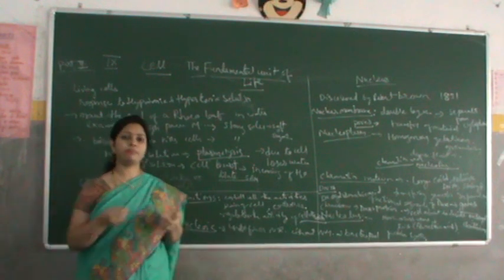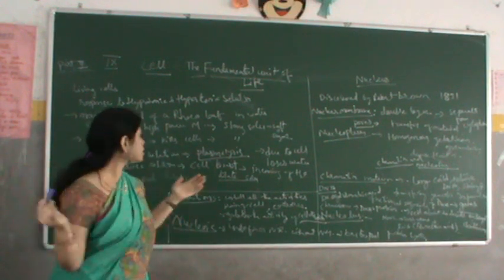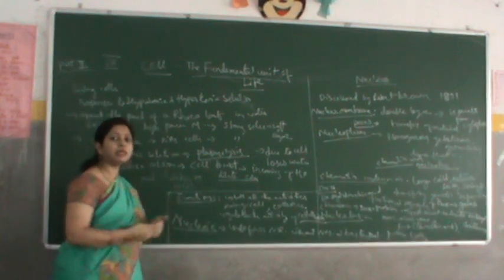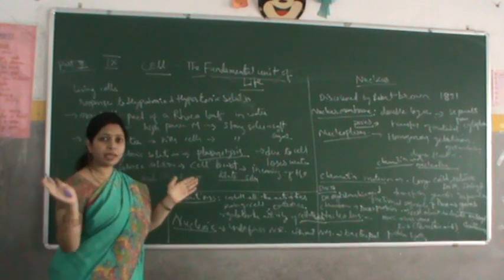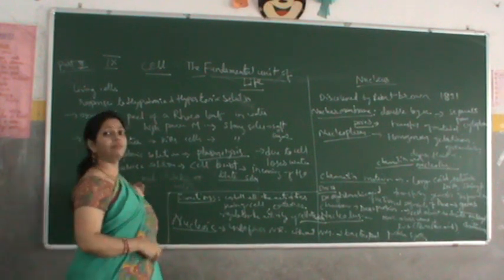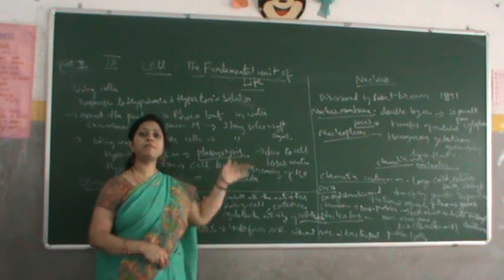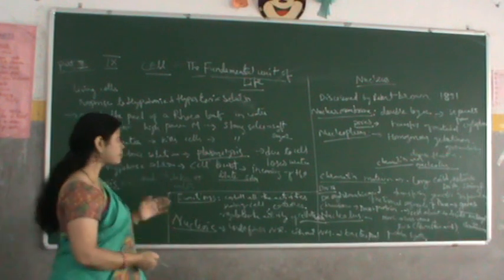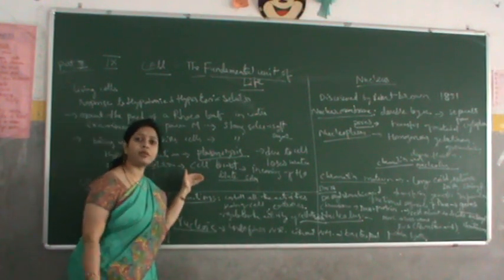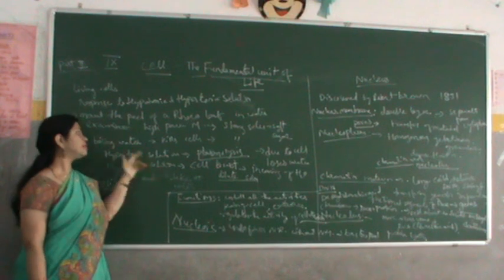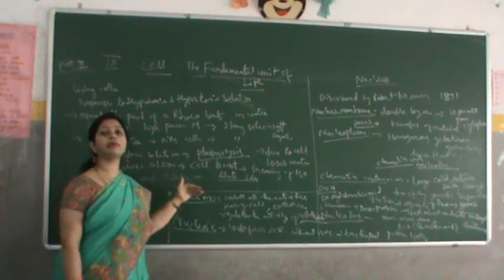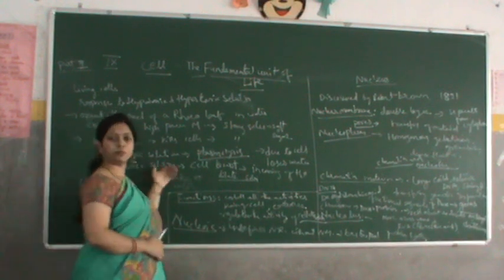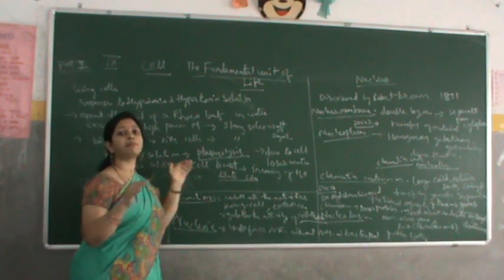The cell gains water due to osmosis. The intake of water will be more in the cells, and due to that the cell increases in size. As we learned in the last class, the cell wall helps in maintaining the pressure created inside due to the gaining of water by osmosis. So the cell wall sometimes protects and withstands the pressure created inside, but sometimes it does not hold if the pressure is too much.